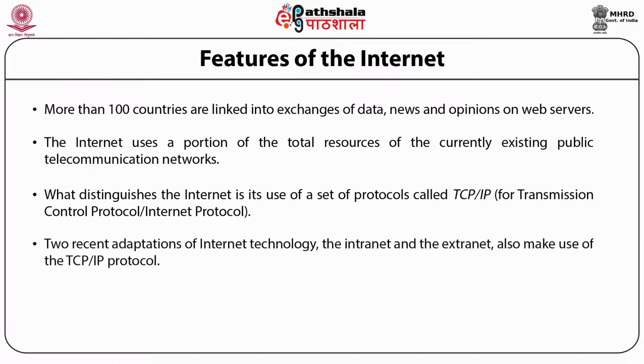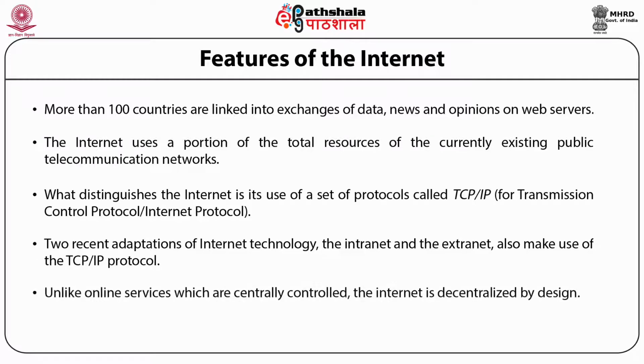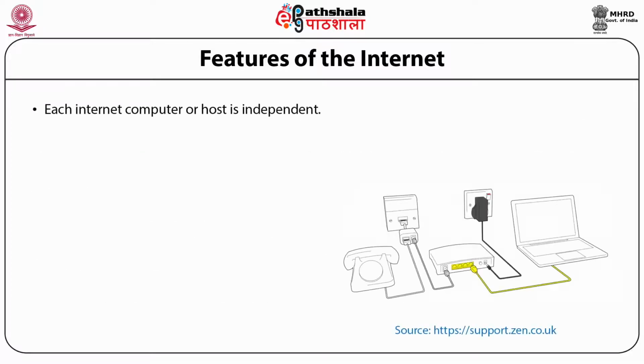Two recent adoptions of Internet technology, the Intranet and the Extranet, also make use of TCP/IP protocols. Unlike online services, which are centrally controlled, the Internet is decentralized by design. Each Internet computer or host is independent.